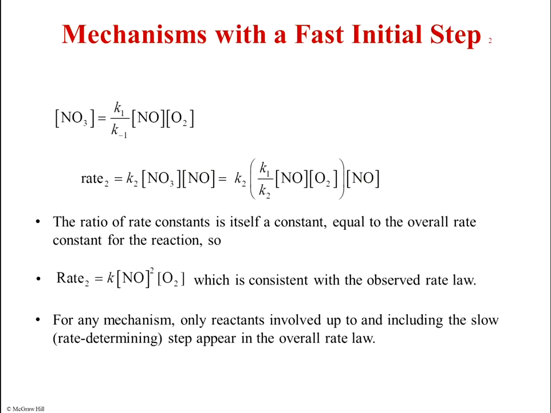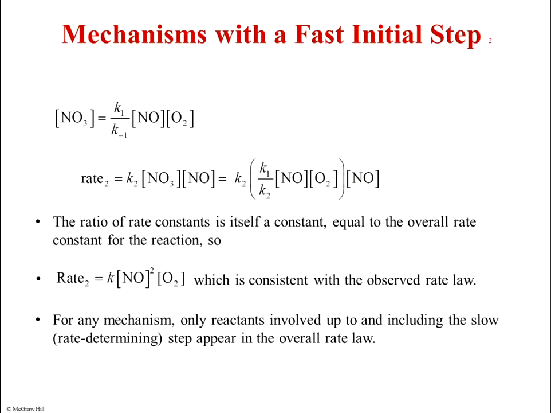Rate 2 equals K2 times the expression for the NO3, which is K1 divided by K minus 1 times nitric oxide times O2. Excuse me, there's a mistake on the slide. That should be K minus 1 on the bottom. We can lump K2, K1, and K minus 1 into one overall rate constant.